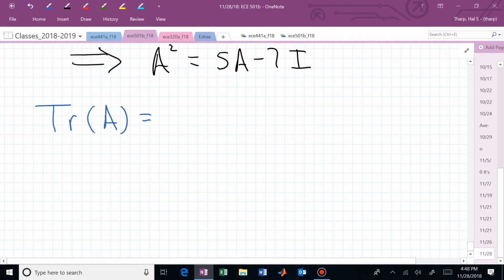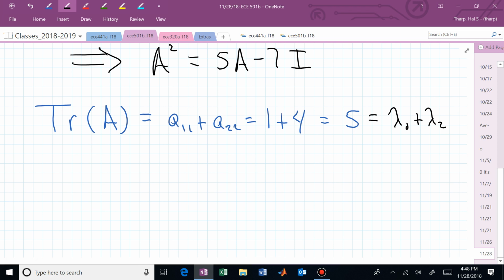So from our formula, this is now A11 plus A22, which is 1 plus 4. That's equal to 5, but that's also equal to lambda 1 plus lambda 2. So we could find this without computing that determinant of zi minus A. We could say, let me find the trace of A.